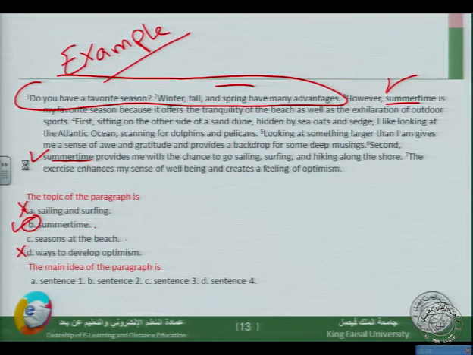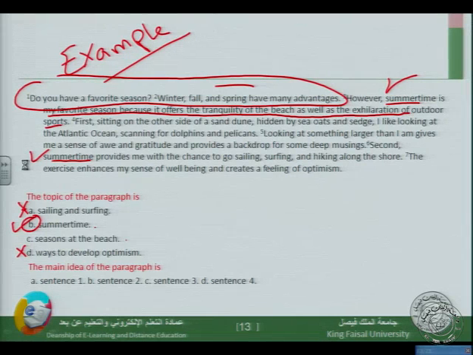Okay, what is the main idea of the paragraph? Well, we should read the first 1 or 2 lines. Do you have a favorite season? Winter, fall, and spring have many advantages. However, summer is my favorite season because it offers the tranquility of the beach as well as the exhilaration of outdoor sports. So this is the main idea. Why?